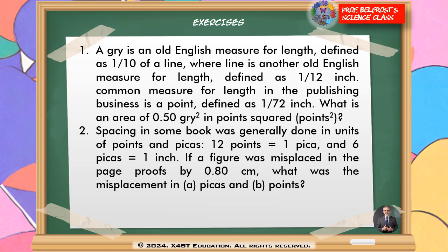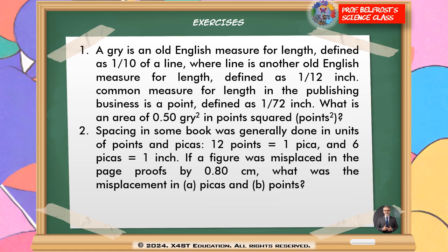A dry is an old English measure for length defined as 1/10 of a line, where a line is another old English measure for length defined as 1/12 of an inch. A common measure for length in the publishing business is a point, defined as 1/7 inch. What is an area of 0.50 dry square in point square?